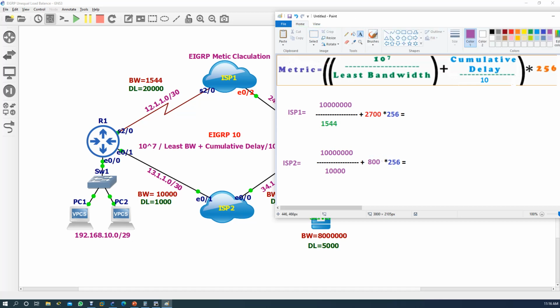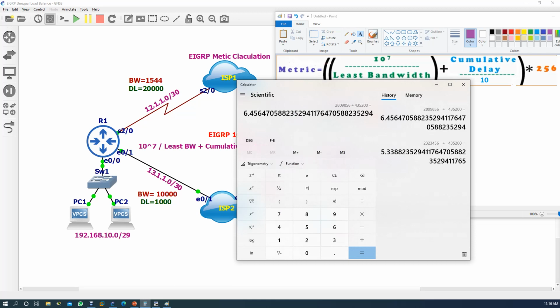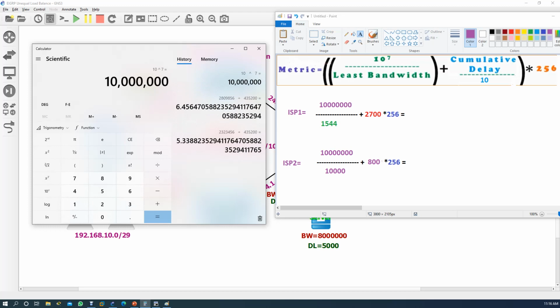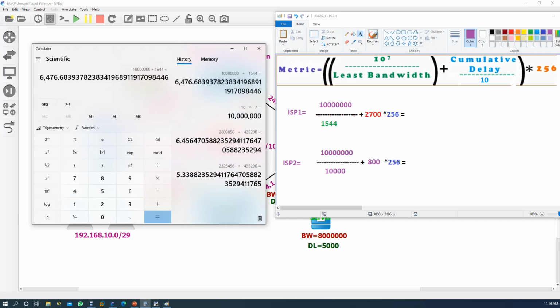800 multiplied by 256. Now use our calculator. 10 to the power 7 divided by 1544 equal to, so how much is that?